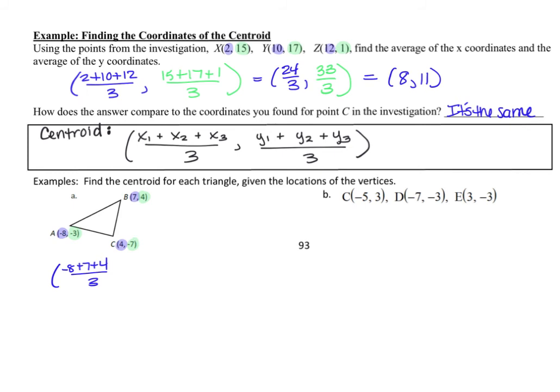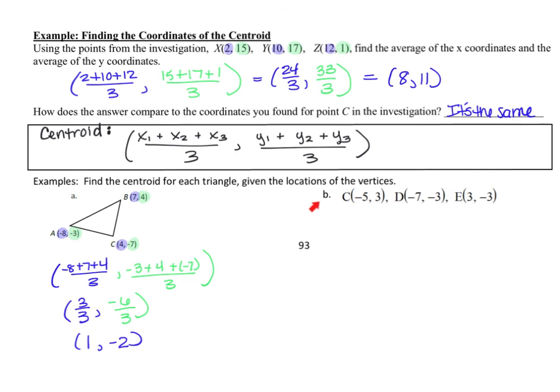So that would be -3 plus 4 plus -7 divided by 3. For my x values, this would give me 3 over 3. For my y values, that would give me -6 over 3. When you simplify those, 3 over 3 would be 1, and -6 over 3 would be -2. So 1 comma -2 would be the location of the centroid.